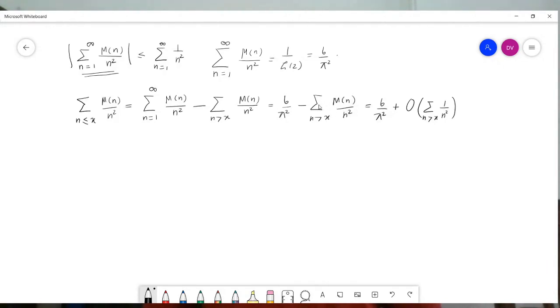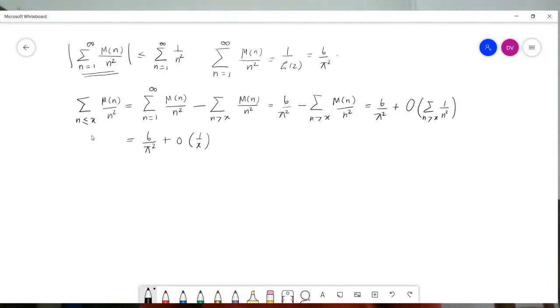Then by interchanging the summation and big O notation, we get O of sigma n greater than x 1 by n square. Here we have to use the asymptotic formula for this. Then you will get that this is equal to 6 by pi square plus O of 1 by x, because of the asymptotic formula here. So this is nothing but O of 1 by x.